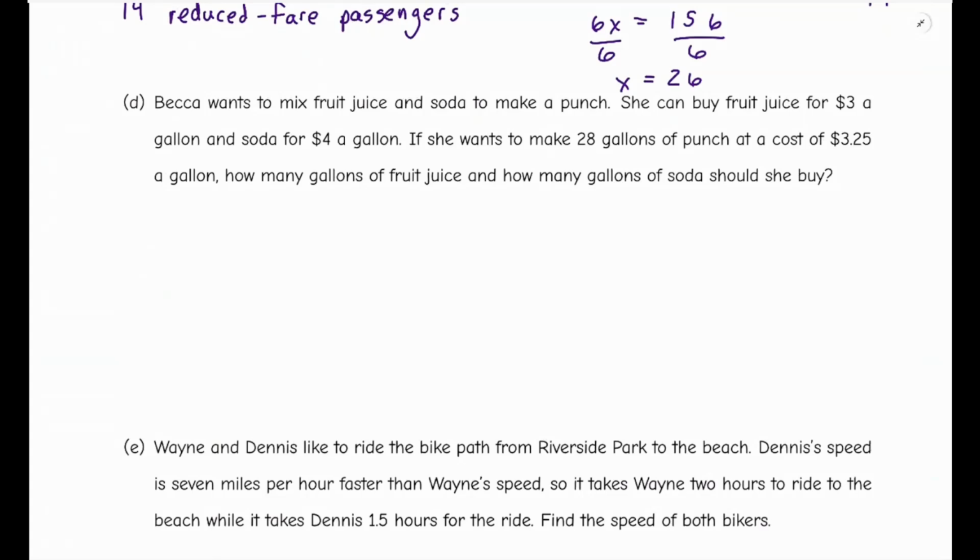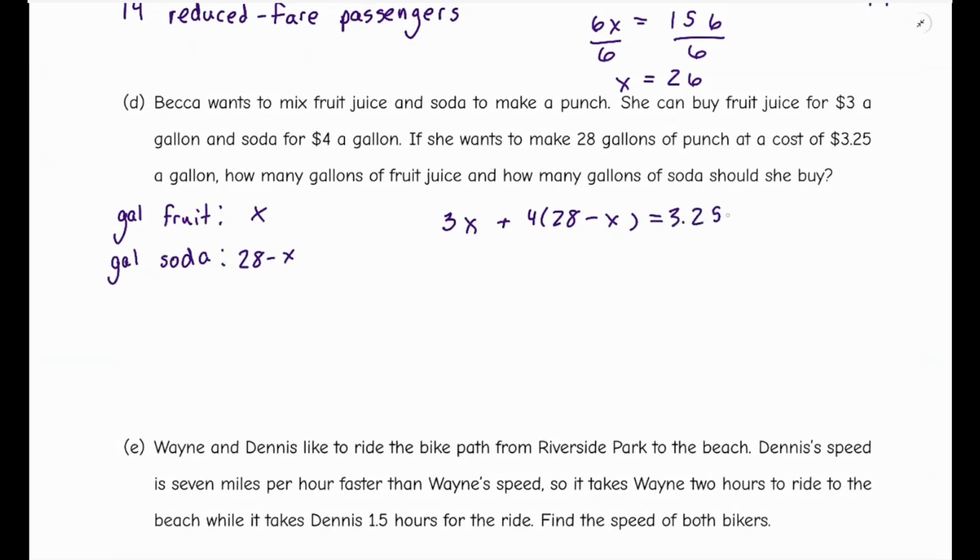So just like in the previous example, we're going to have gallons of fruit juice and gallons of soda, and we don't know either of them, so I'm just going to let the fruit juice equal X. But I do know we're going to have 28 gallons total, so that means the gallons of soda would have to be 28 minus X. So then, taking the price, so 3 times X plus 4 times 28 minus X, that has to equal the total cost of the 28 gallons, which would be 325 times 28.